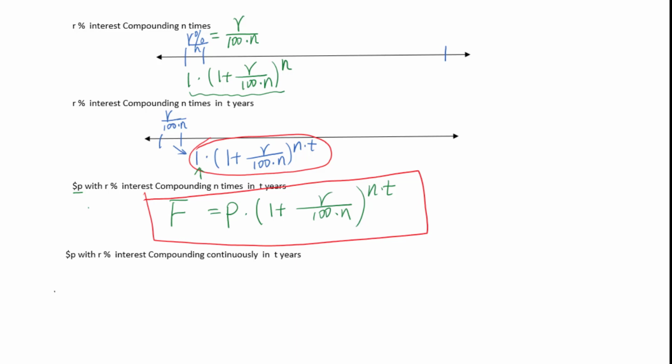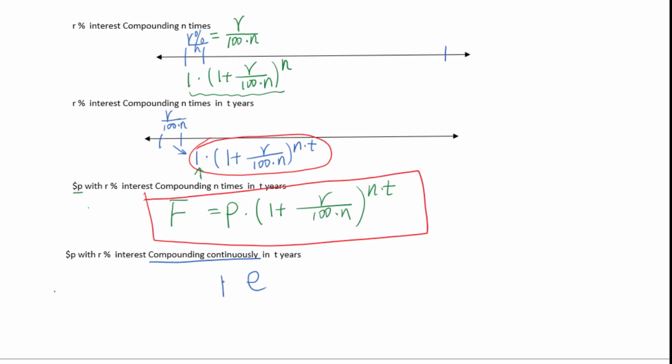Last question: P dollars with r percent interest compounding continuously in t years. Compounding continuously, as we know, $1 with 100% interest compounding continuously, we will get the money e after a year.